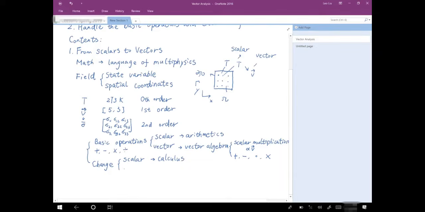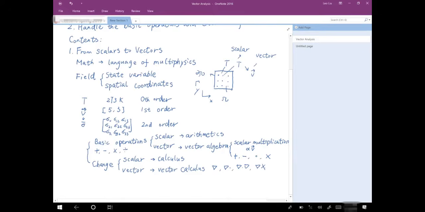And then the change of a vector, that is vector calculus. For this one, you're going to see operators like this, like this, like this, and like this.